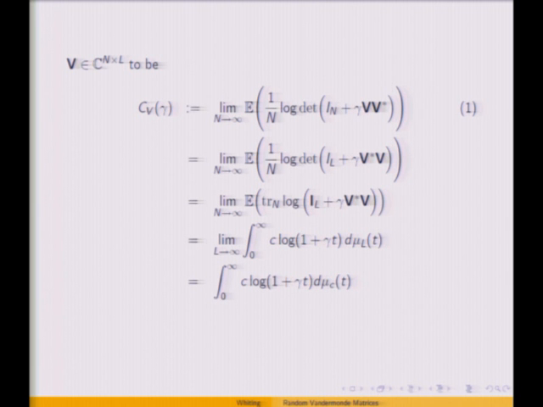We can now show that it's given by this quantity here. We're integrating over the limiting measure for the eigenvalues. So that shows the limiting capacity of that system.